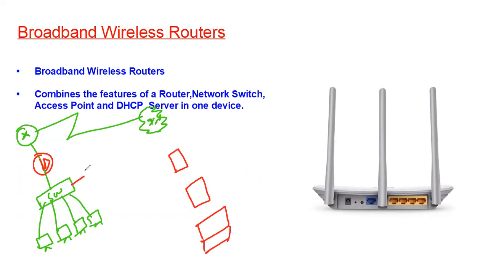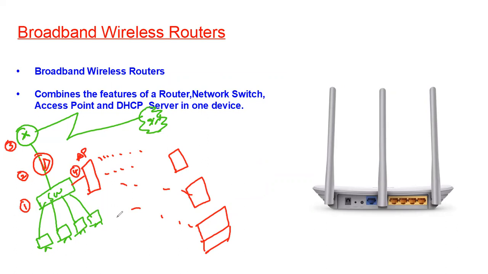So we need the access point. So you will purchase one dedicated access point. This access point will generate the RF signals to connect the wireless devices. So till now we have purchased switch, firewall, router, and we have purchased the access point also.